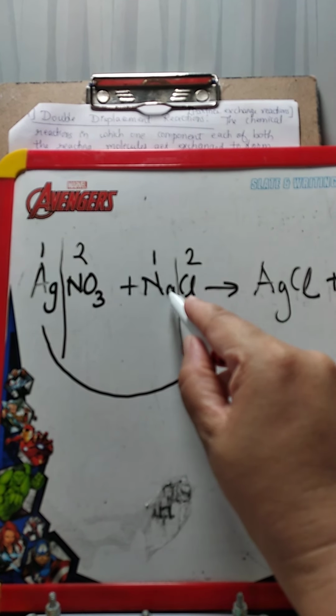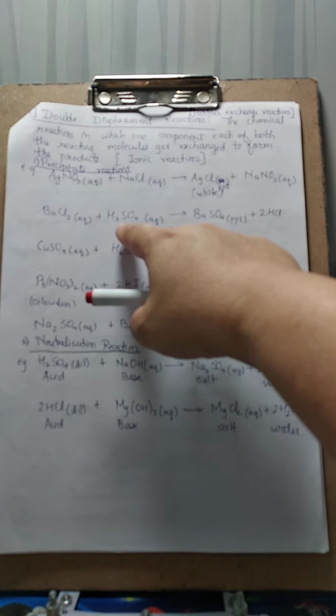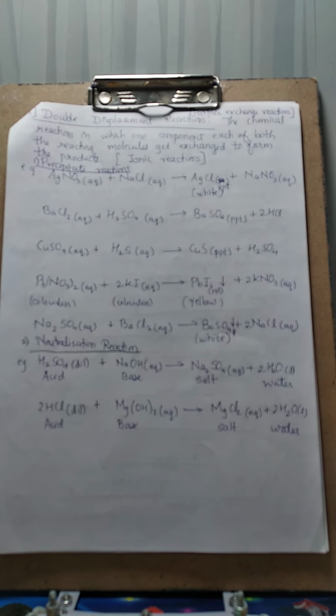Similarly, BaCl2 plus H2SO4. If I try to break this down also into cations and anions, or into different partners, how does this form? This I divide from here, this from here.